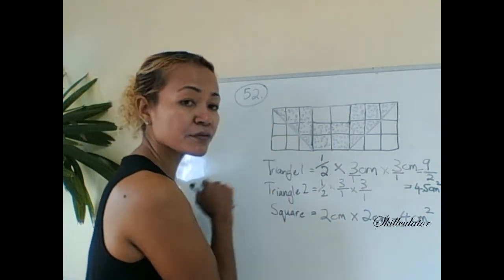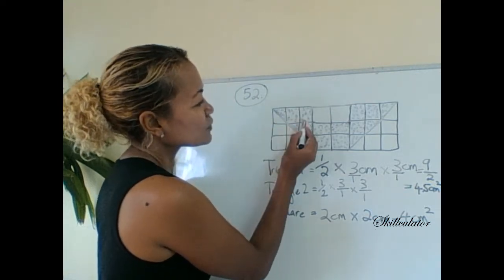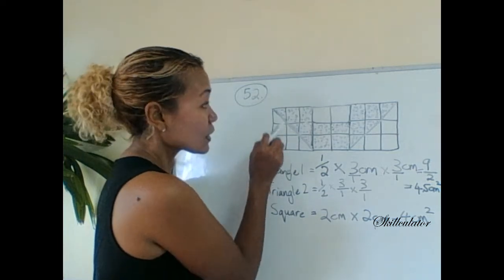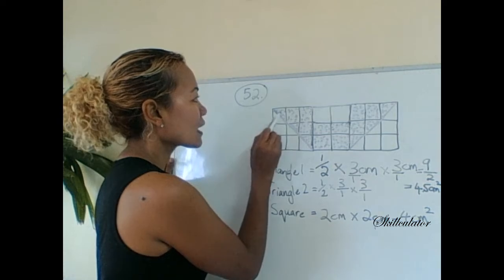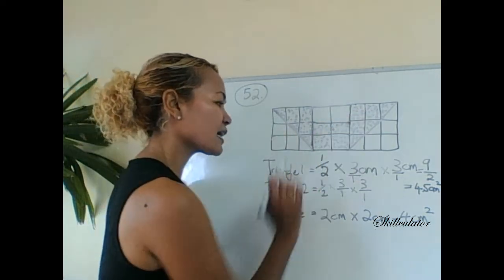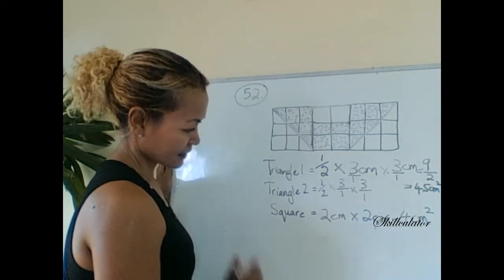If we count each of the squares, does it work out to 4.5? 1, 2 squares, 3 squares, 1/2 plus 1/2 is 1. 4 squares so far. So 1, 2, 3, 4 and a half left. 4.5. 4.5 on this side, 4.5 on this side. Exactly what using the formula gave us.